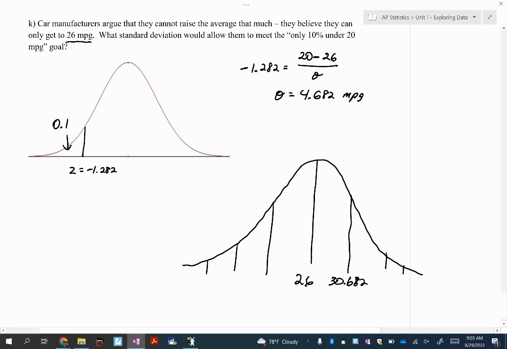Add another 4.682, 35.364, and then finally plus 4.682 is 40.046. I got a little jumbled there. Let me go the other way. I got 21.318, 16.636, 11.954.